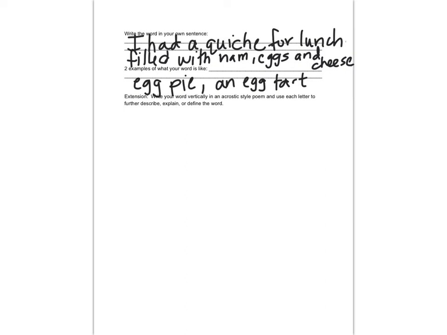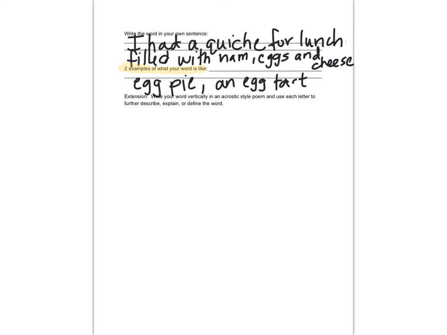So the last part is the one that gives everyone the most problems. Finding two examples of what a word is like. A quiche is a very, very specific thing. So what are two examples of what a quiche is like? Well, a quiche is like an egg pie. And maybe a synonym for an egg pie, a quiche is like an egg tart. So you try to think about what examples, what is your word like?